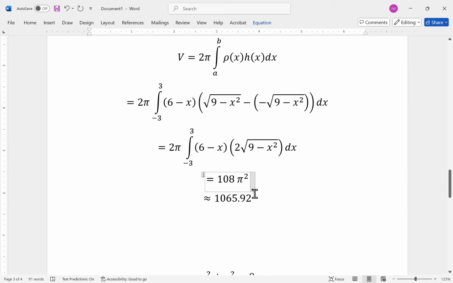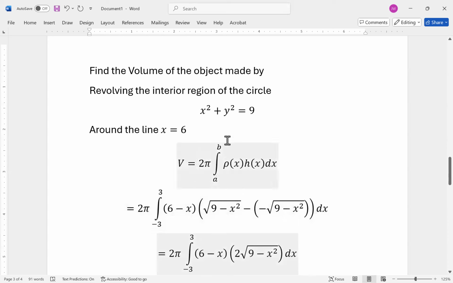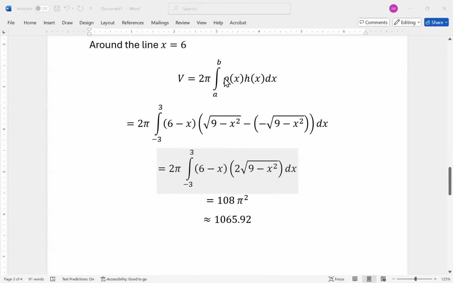So this torus has volume of 108 times pi squared. That's the torus we get with a circle of radius 3 rotated around the line x equals 6. So that is the way we get that.